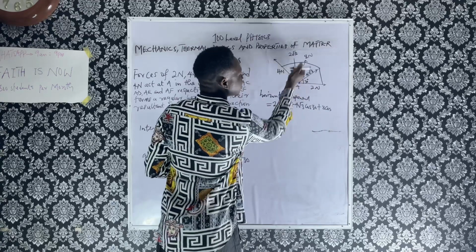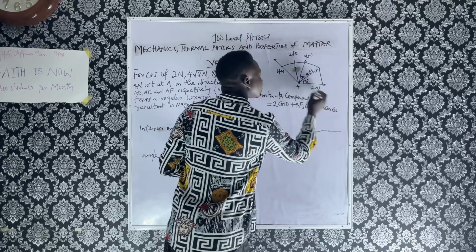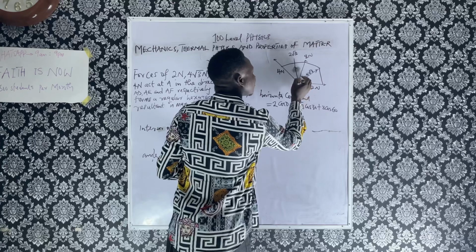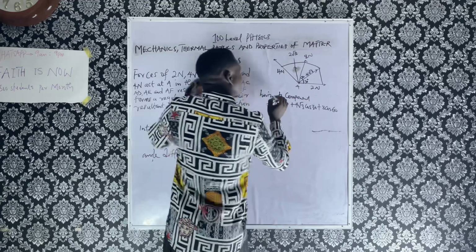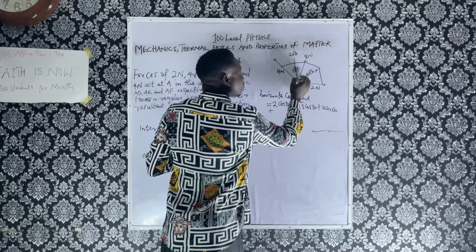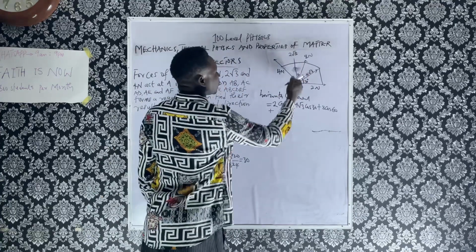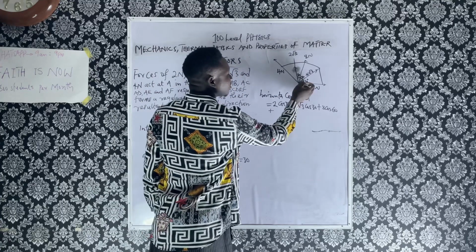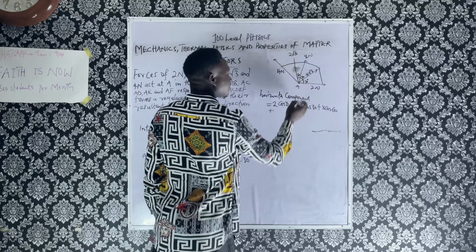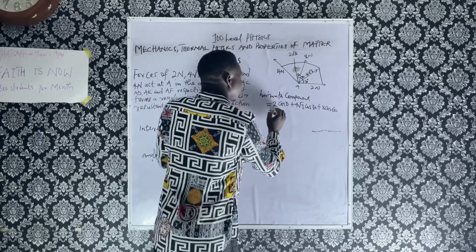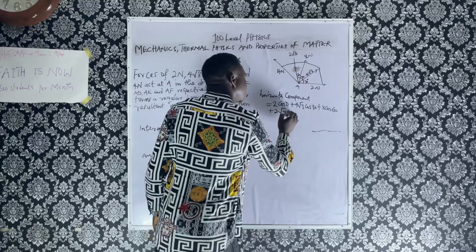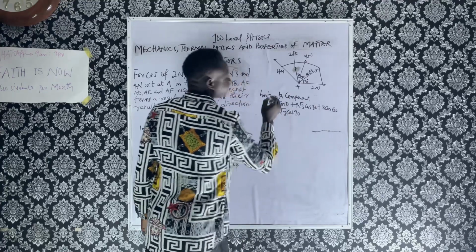30 plus 30, that's 60. So the total angle from here to here is 60. Since the difference we got was 30, the difference between the 2 angles here is 30. So we'll continue from here, 60, 90. Then you say 2 root 3 cos 90.